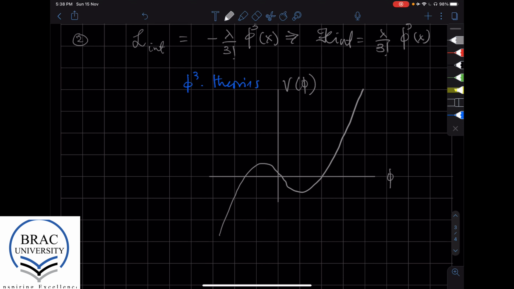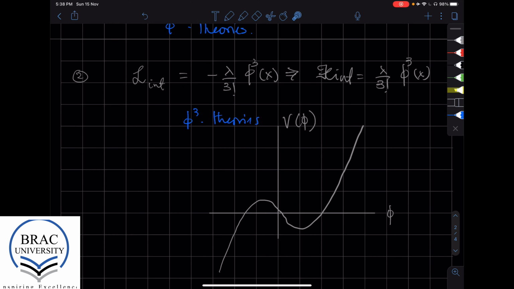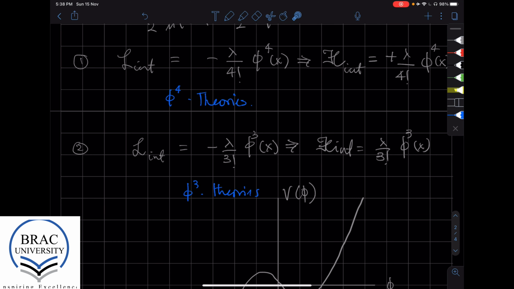And therefore, we see that over here, the phi cubed term means that the Hamiltonian will not have a lower bound. So such theories will not have a lower bound to the energy, and therefore such theories are not going to be stable. Whereas, a theory like this is going to be stable as long as lambda is positive.